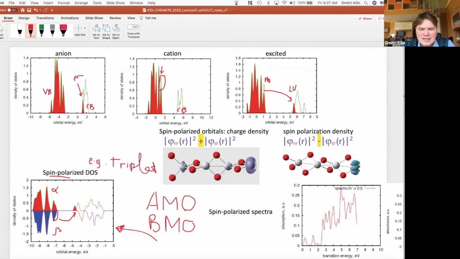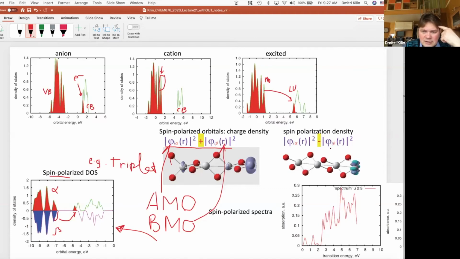And examples of the orbitals are stored in the memory of VASP in a little bit different way. So if we use Gaussian, it shows alpha and beta molecular orbitals, but VASP instead stores information in the form of summation of alpha plus beta orbitals and subtraction of alpha minus beta orbitals.